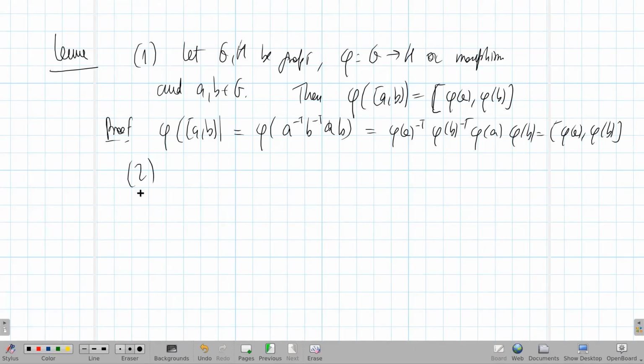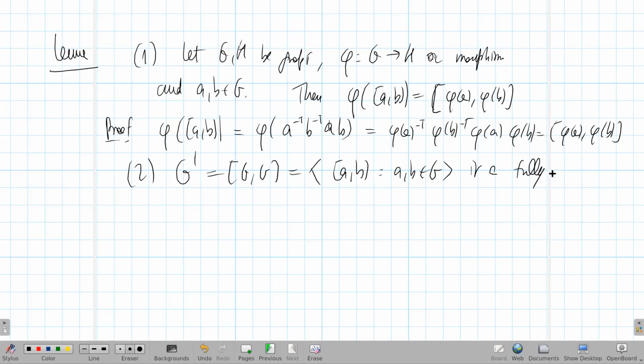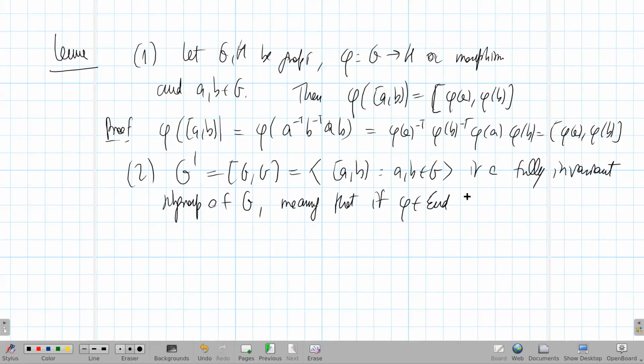The second thing tells you that G prime, so remember this can be also written like this, and it is the span of all commutators, is a fully invariant subgroup of G, meaning that if phi is an endomorphism of G, meaning just a morphism from G to G, then phi of G prime is contained in G prime, for all endomorphisms.